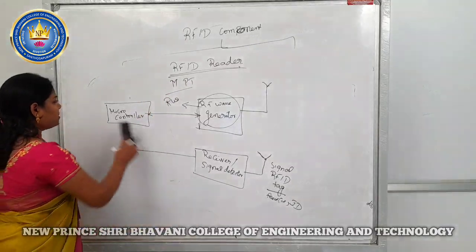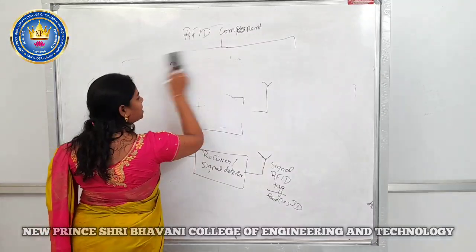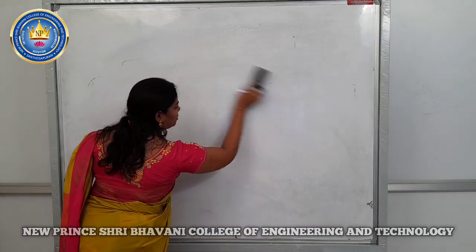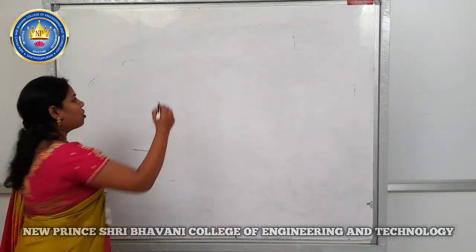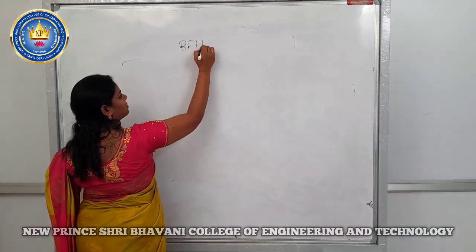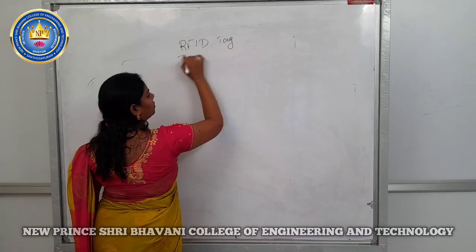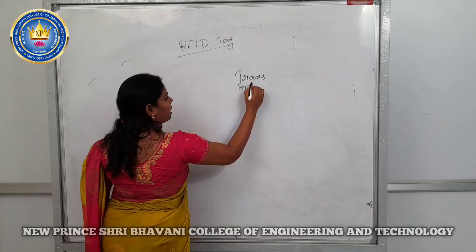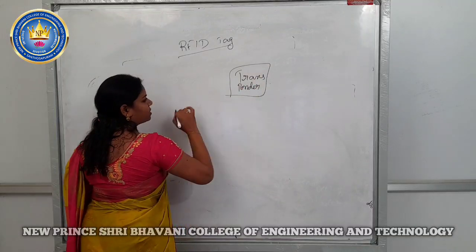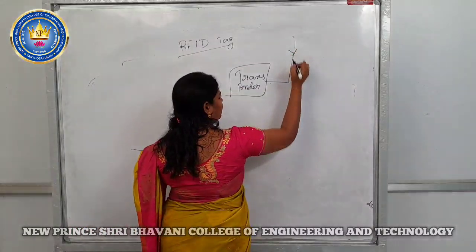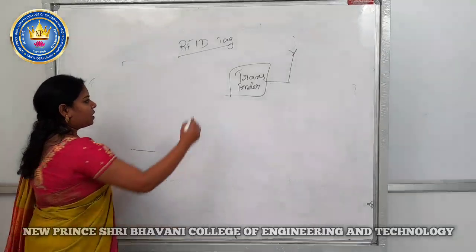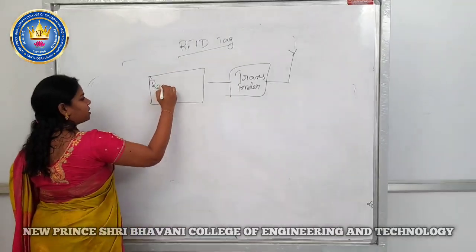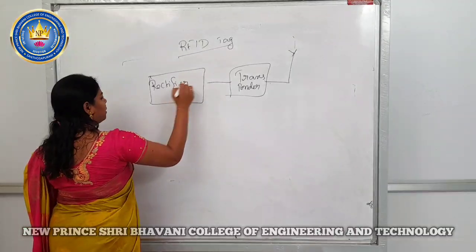Next we see what components are present in the RFID tag. The first component is the transponder, otherwise called the control circuit. The antenna is connected to the transponder, followed by another block, the rectifier.